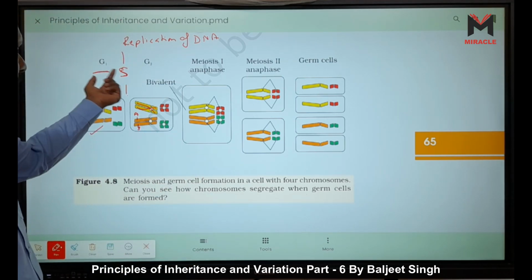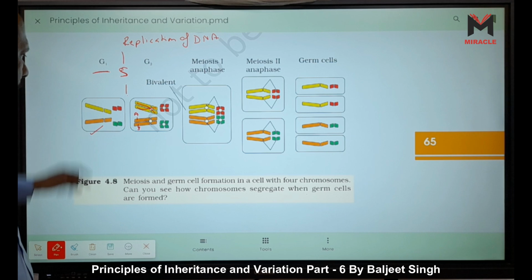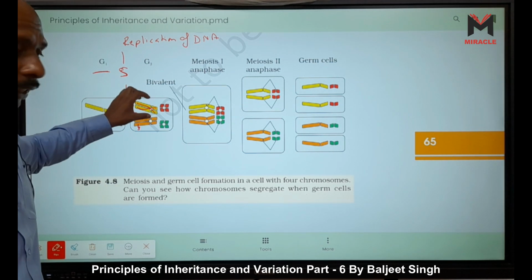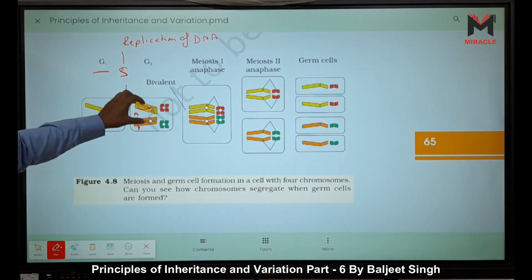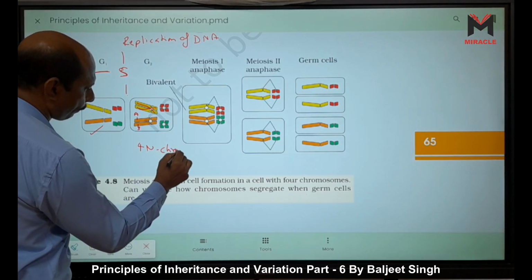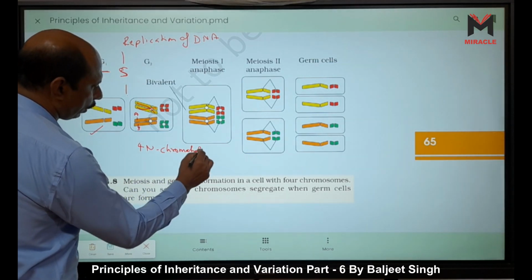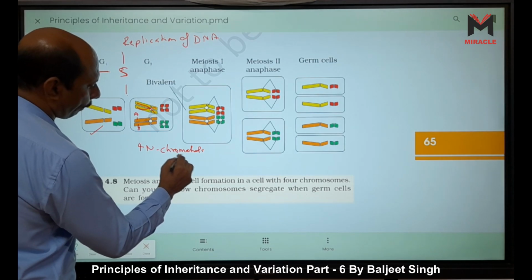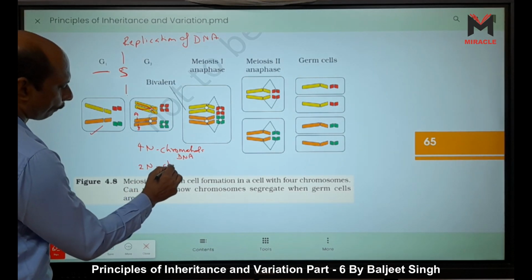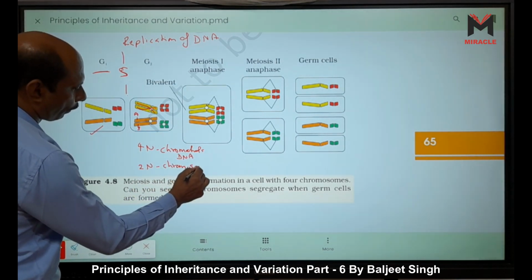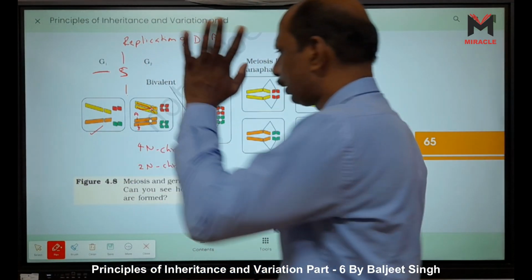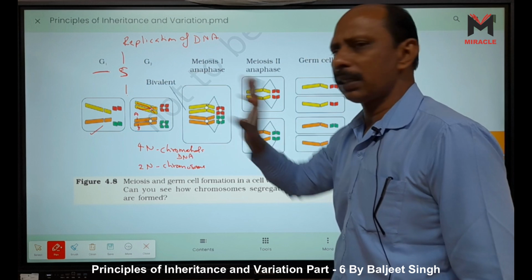So between G1 and G2, S phase is there, where a single chromosome gets two chromatids. The number of chromatids is 4n, which means DNA content, but the chromosome number is 2n. Do you understand? The number of chromatin threads is increased.